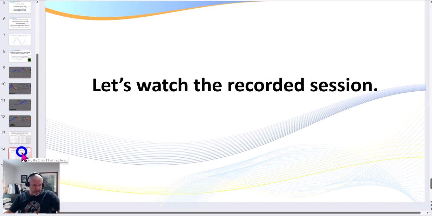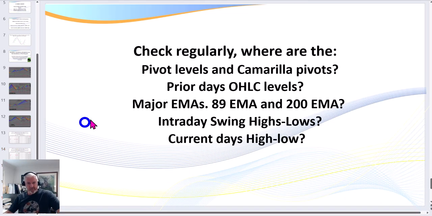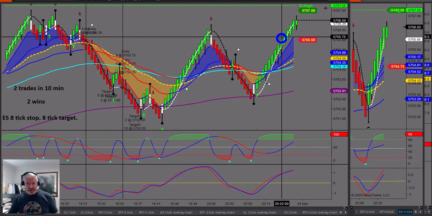So remember just here, where are your intraday swing highs and lows, and where's the current day's high and low? Once again, all of these are price magnets. We trade price action, and as professionals we buy and sell into these levels.